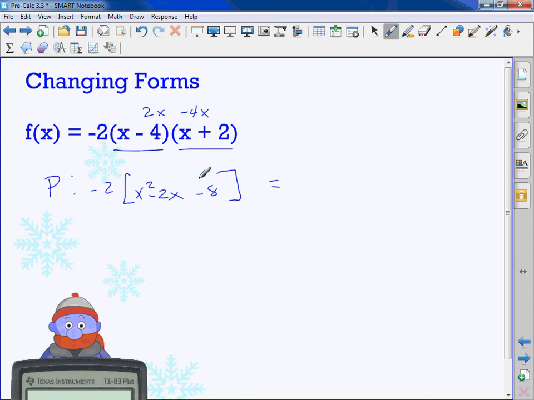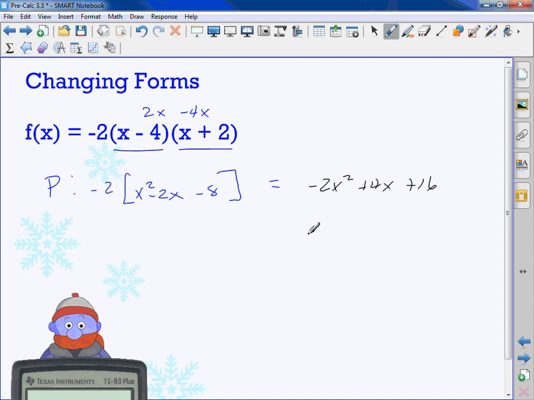I'm going to distribute that to -2x squared plus 4x plus 16. That there is polynomial form.